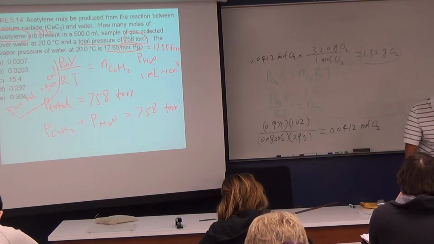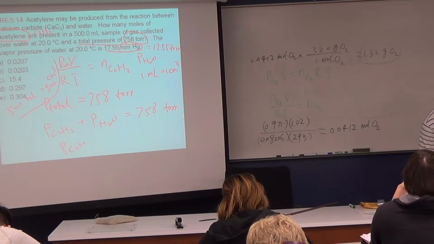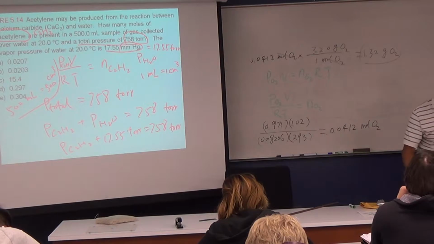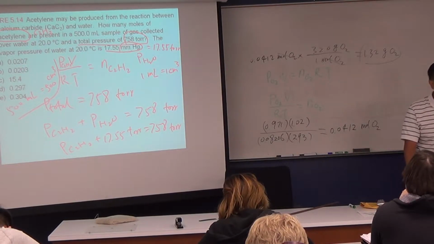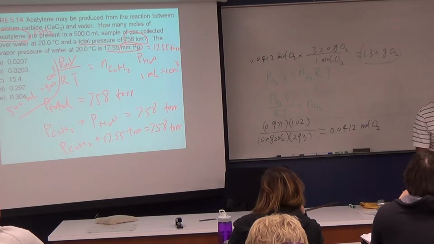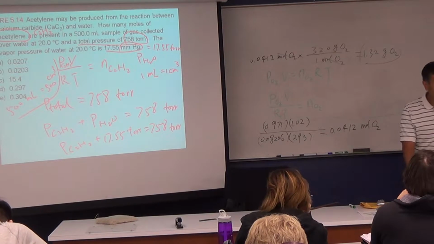All right, so you will have PC2H2 plus 17.55 torr equals 758 torr. Then you just do a subtraction, and you find out what PC2H2 is.